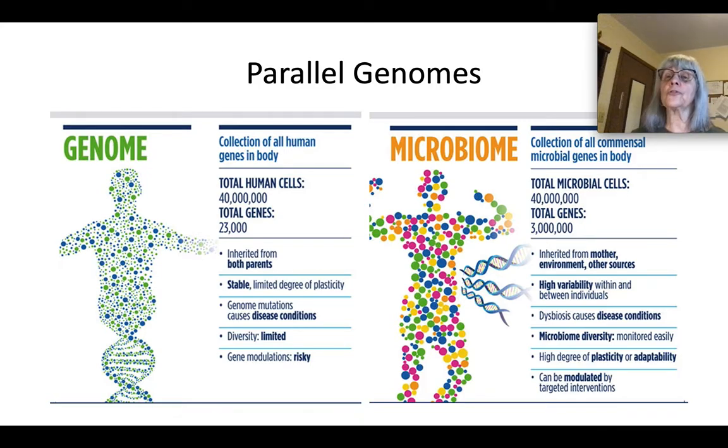They're doing more research on this by targeting interventions. And I think one example of this would be the fecal transplants. People with C. diff, an infection of the intestine, the colon, have a very low amount of healthy microbes in that area.